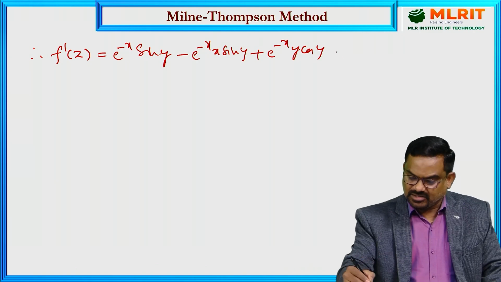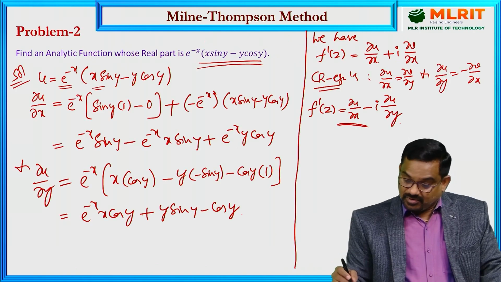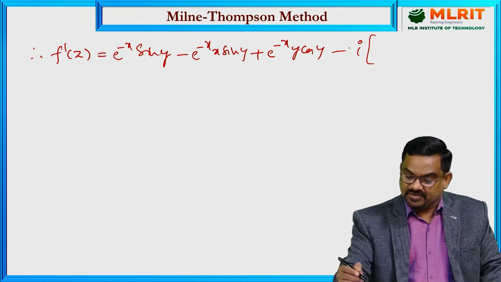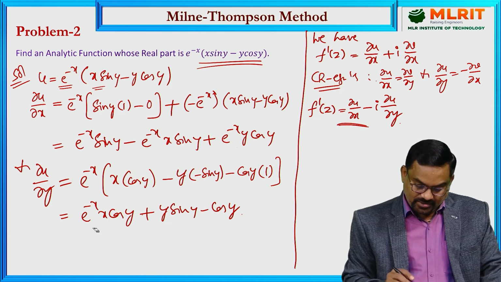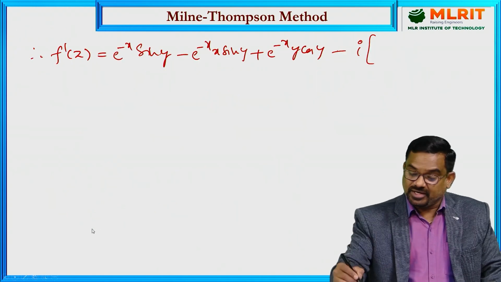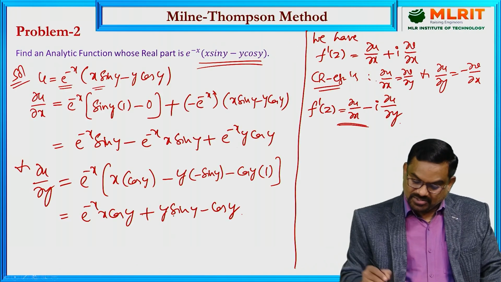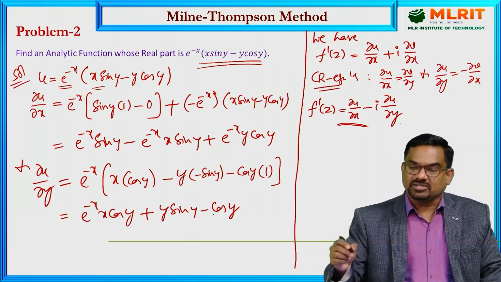This is the real part, plus i into, so here we have minus of course, so this becomes minus ∂u/∂y, e power minus x cos y plus y sin y minus cos y.